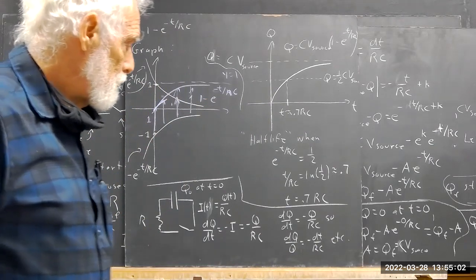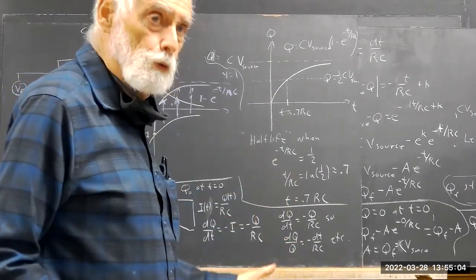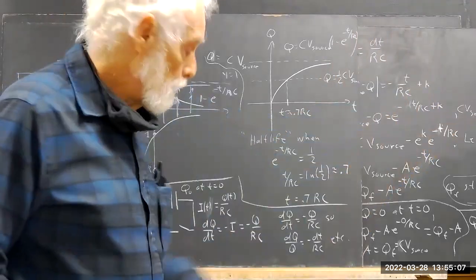You would get Q equals Q naught e to the negative t over RC.